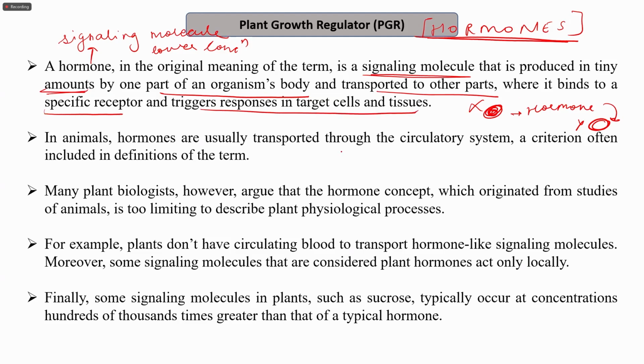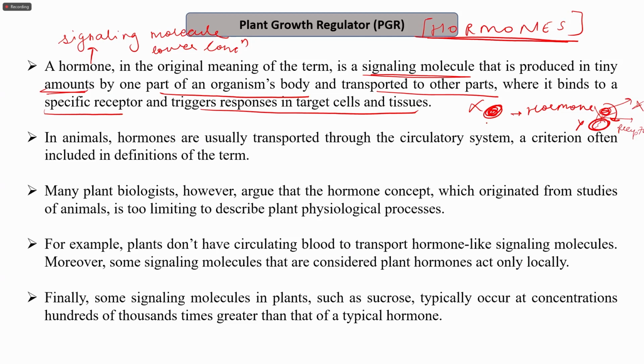So there is a binding of the hormone with the receptor. On that Y cell, the receptor for the hormone X must be present, to which the ligand X binds. That initiates the cascade of events within the cell.